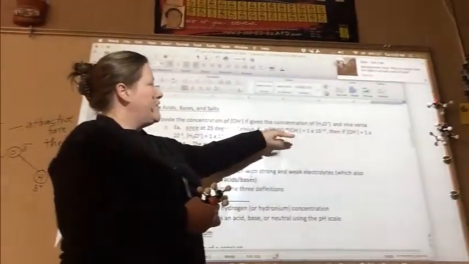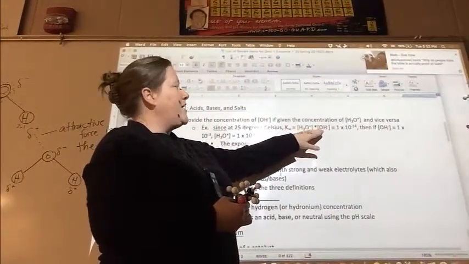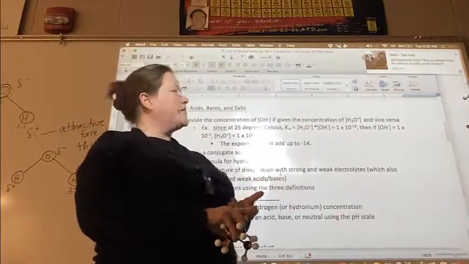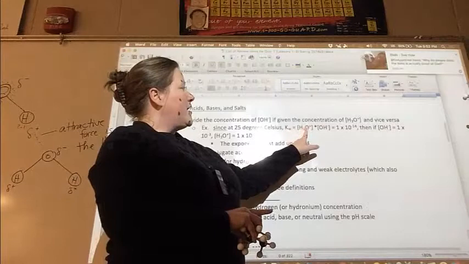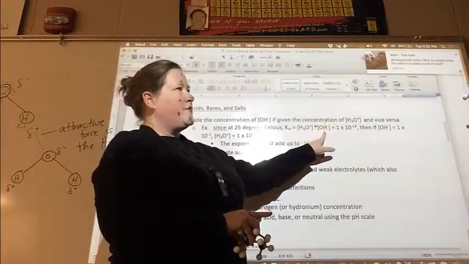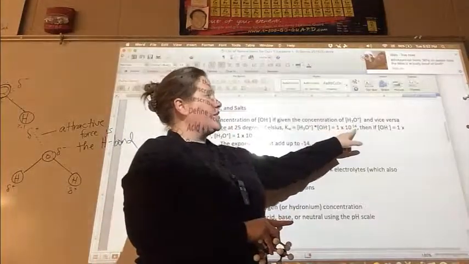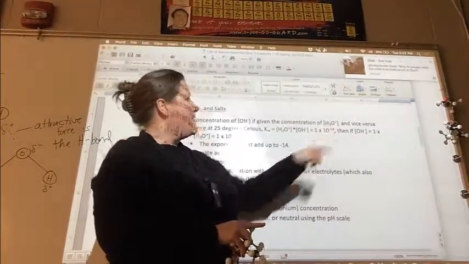So this is going to occur in any case, whether you have an acid or a base. The hydronium concentration times the hydroxide concentration is always going to equal 1 times 10 to the negative 14.